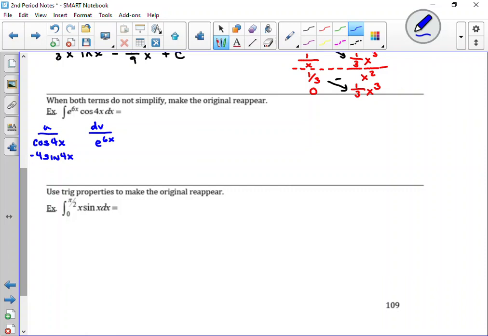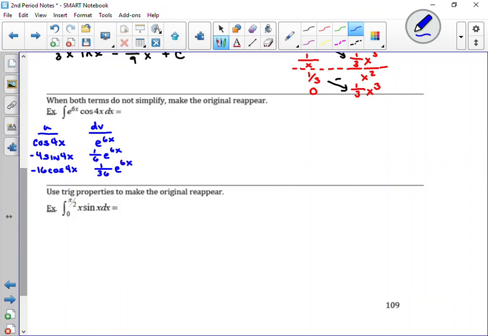And this side becomes 1/6 e to the 6x. And then this side becomes -16 cosine 4x. And this side becomes 1/36 e to the 6x.